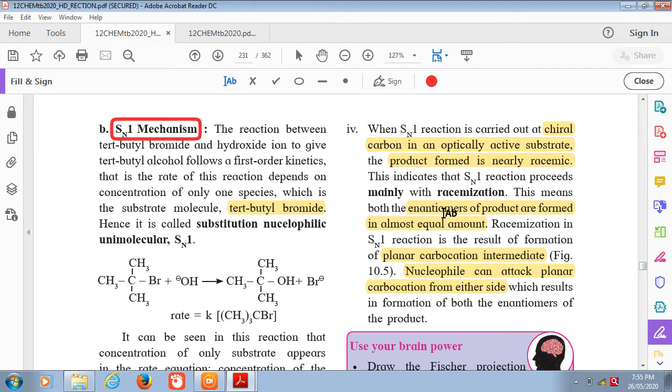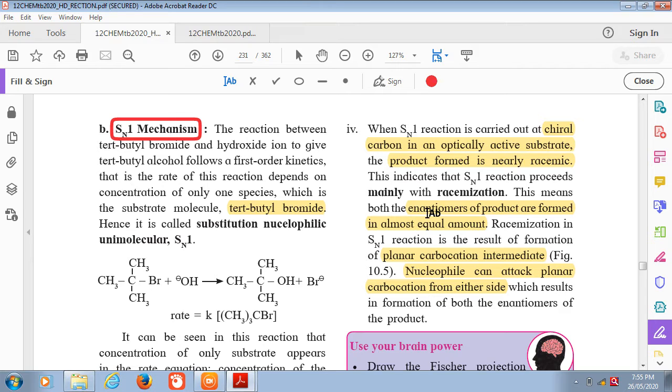If the nucleophile attacks from the front side, the configuration is retained. Meaning if the alkyl halide is dextrorotatory, the product alcohol is also dextrorotatory, and if it is levorotatory, the product is also levorotatory. So that is retention, and if it is attacked from the back side, then there is an inversion in configuration.